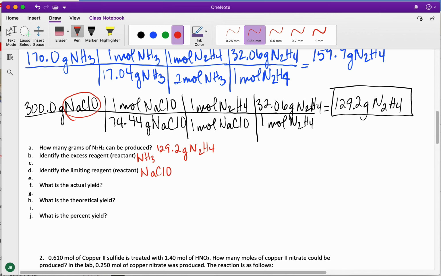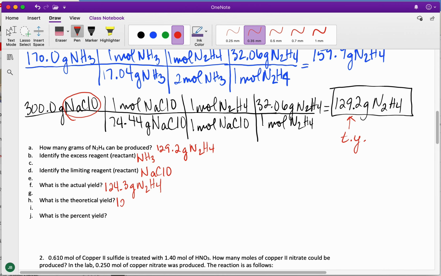The actual yield, once again, you got to go all the way up to the top of the problem, and it tells you the actual yield is 124.3 grams of N2H4. The theoretical yield, that's going to be this number here, okay? That's also our theoretical yield. So the maximum amount of grams of N2H4 that can be produced is also our theoretical yield.